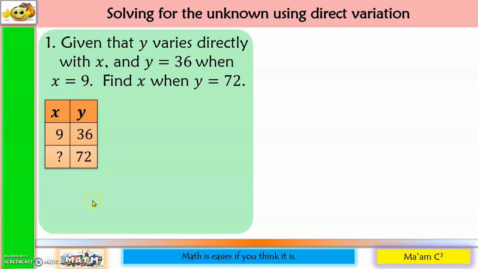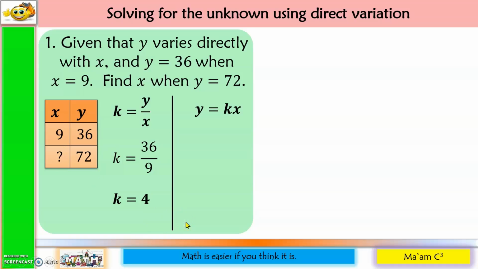Let us recall the formula for k, and k is equal to y over x. Let us substitute the values of y and x in our formula and solve. 36 divided by 9 is equal to 4. Now, to solve for x, let us recall the formula of direct variation. We have here y is equal to 72 and our k is equal to 4.